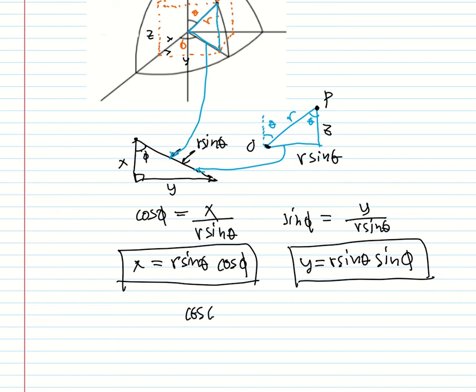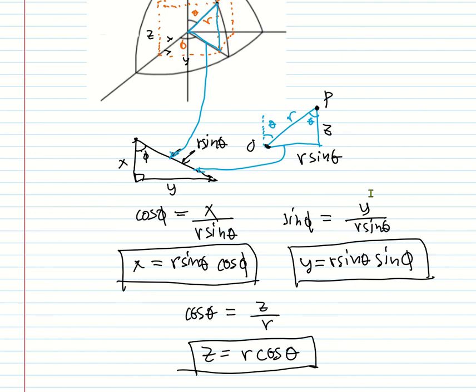The cosine of theta will be equal to the adjacent side, which is z, all over the hypotenuse, which is r. So z, therefore, is equal to r times cosine of theta. So these are our formulas. Given spherical coordinates, we converted them into rectangular x, y, and z.